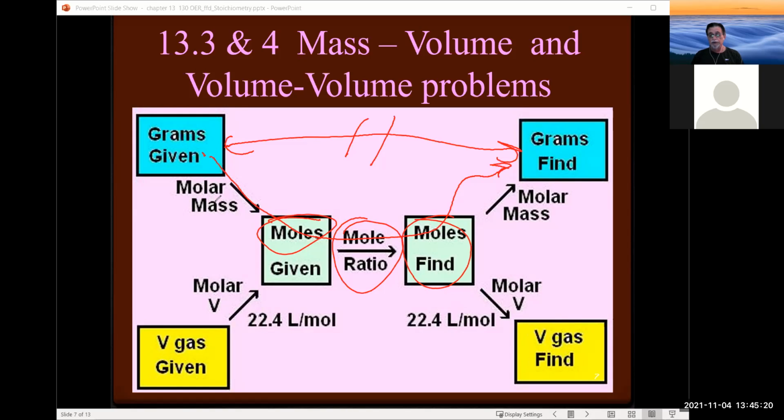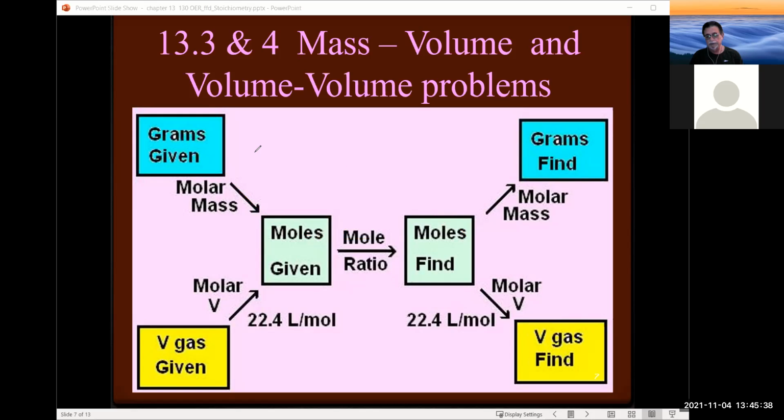Okay. And we need the molar mass of what's given. And we need the mole ratio from the balanced chemical reaction. And then we need the molar mass from the product. Okay. And that is what we did with this previous example.